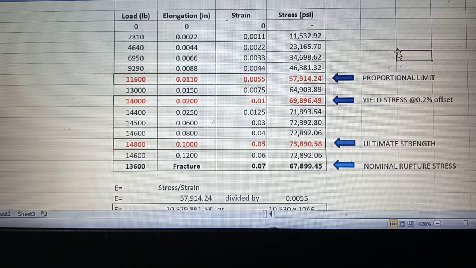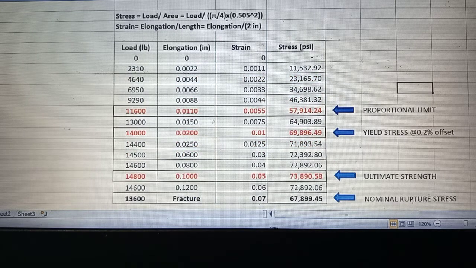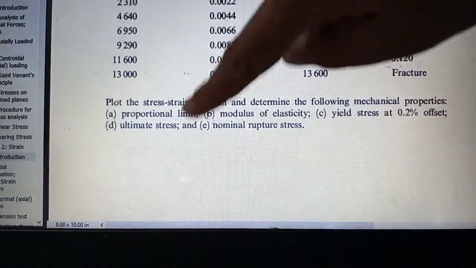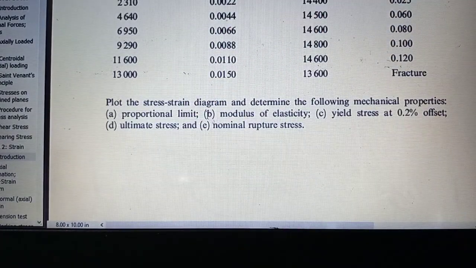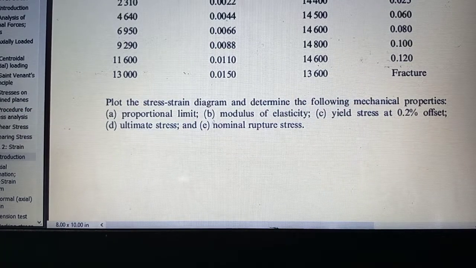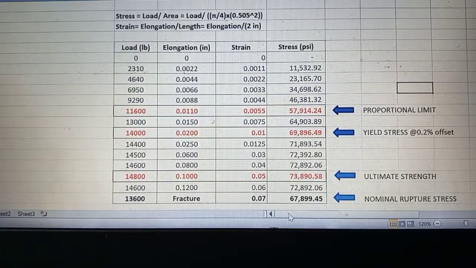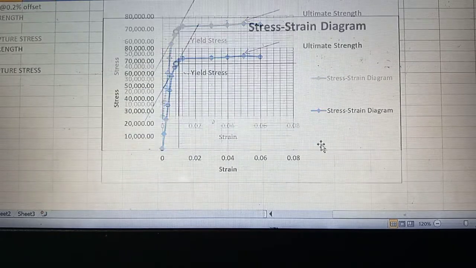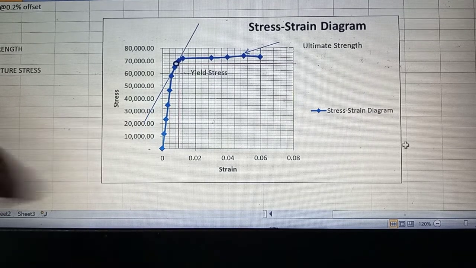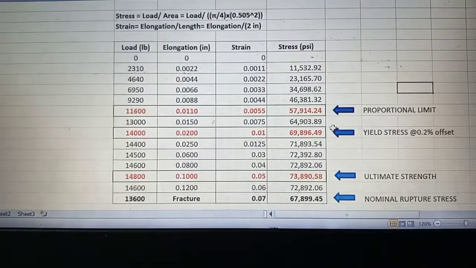So the question is, how do we identify the proportional limit? One thing we need to see is the stress-strain diagram.